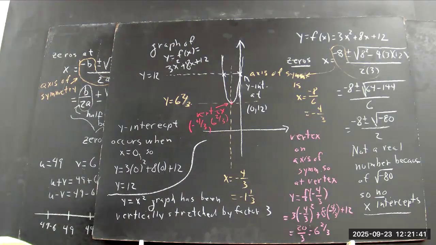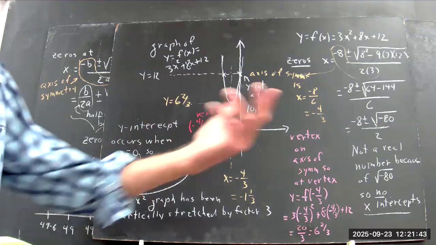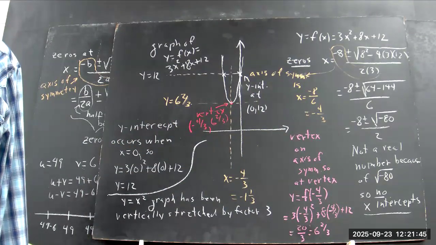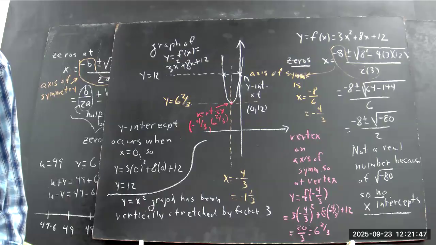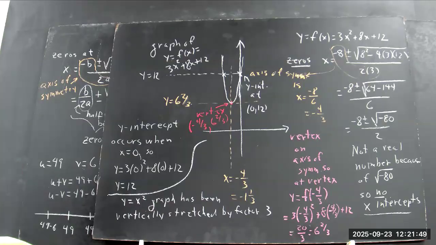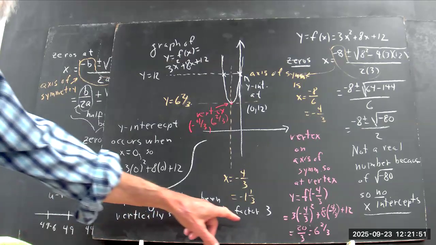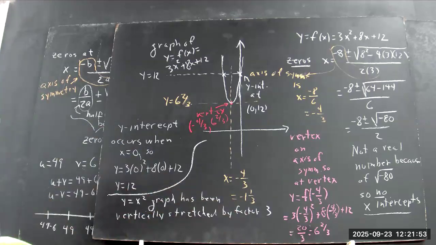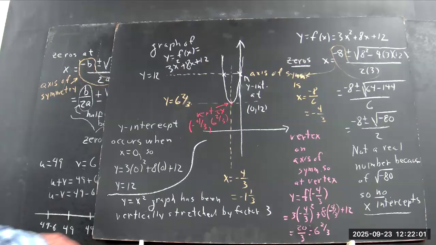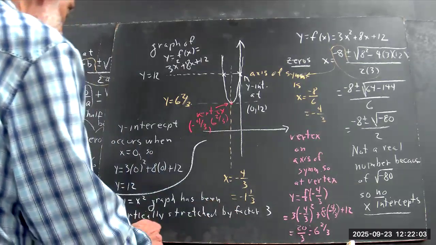Open Math just says it's been vertically stretched 3, which isn't really a complete sentence, but it leaves out some words and people understand what it means. So I think that's okay, but I can't bring myself to say it any simpler than that. Okay, vertically stretched by factor 3.